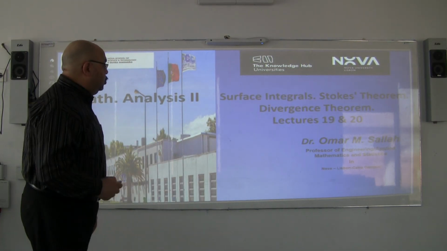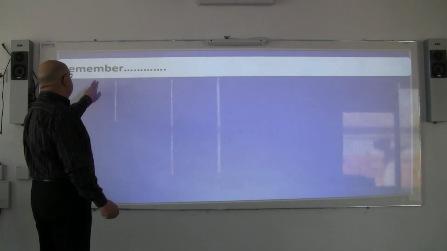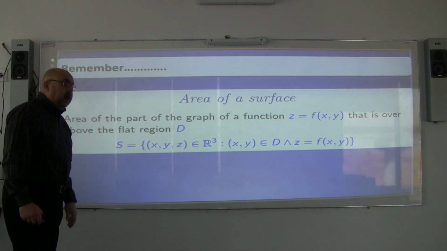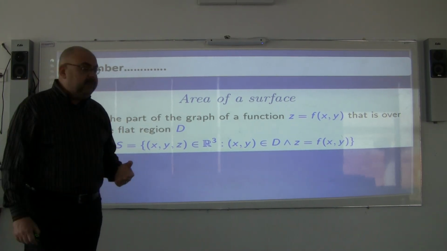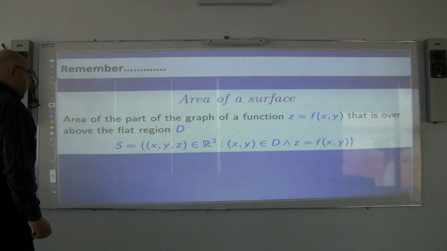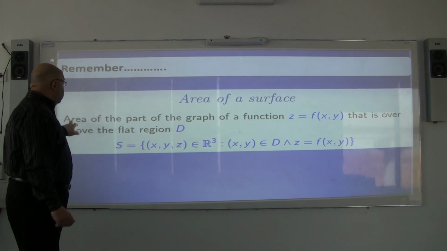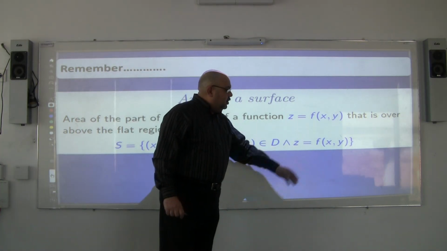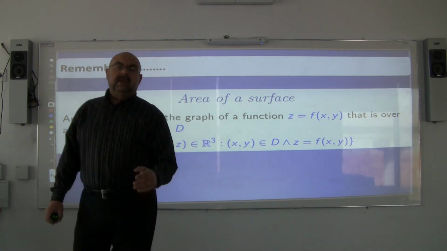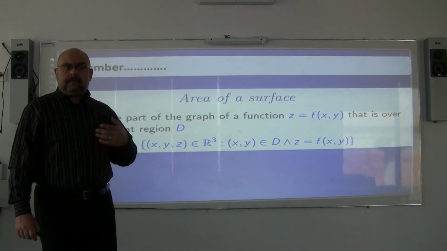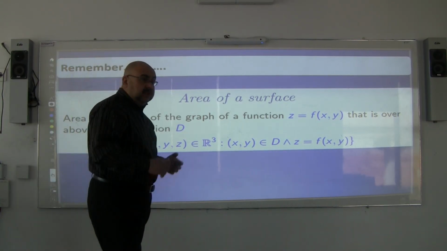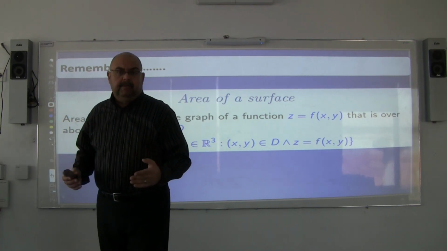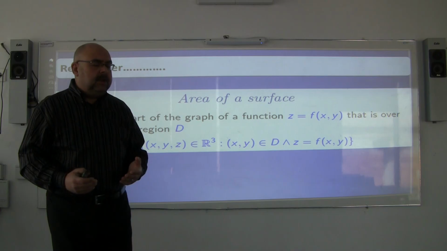I want to start by reminding you how to evaluate an area on a surface. The area of a part of the graph of a function, where z is given as a function in x and y, represents plenty of surfaces, like a sphere, a paraboloid, a hyperbolic paraboloid, a conical section, or a cone.